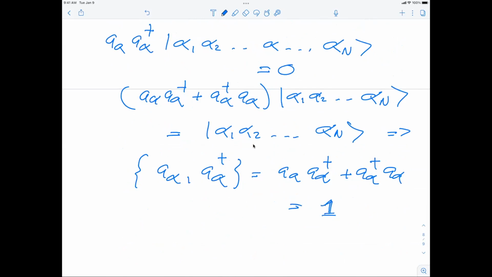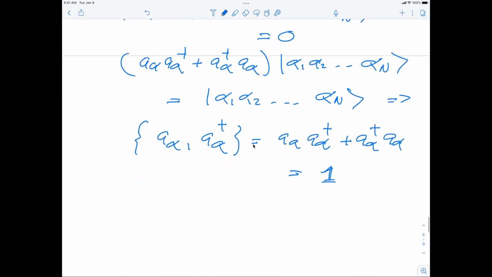Remember that when you set up these commutators or anti-commutators, this is actually an operator acting on something. It's always a little bit sloppy notation, because setting this equal to 1 means that it's actually acting on some kind of state.